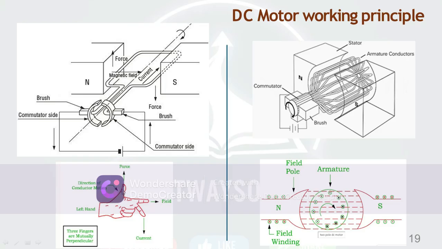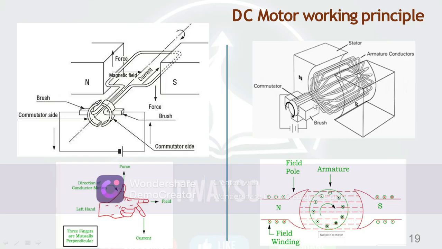According to Fleming's left hand rule, force is exerted on the conductor which carries current and is placed in the magnetic field. It starts to rotate or move. So this is the working principle of the DC motor.